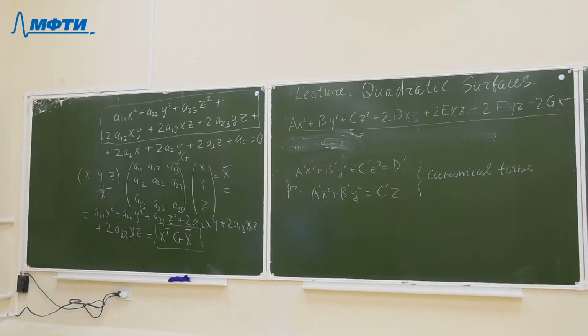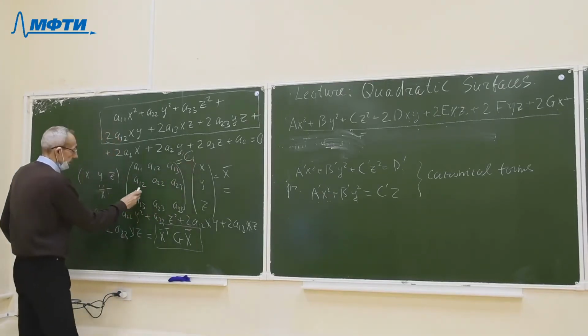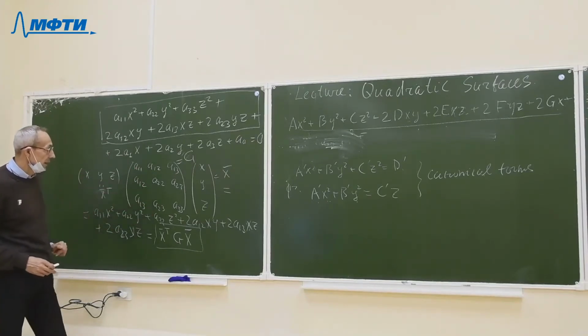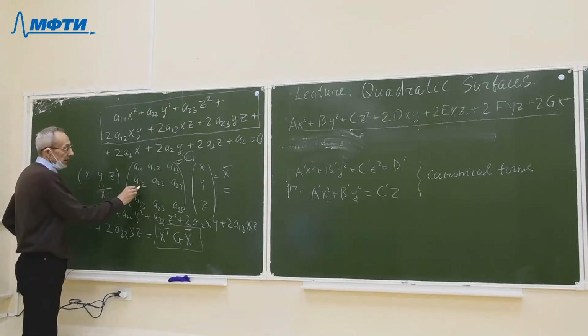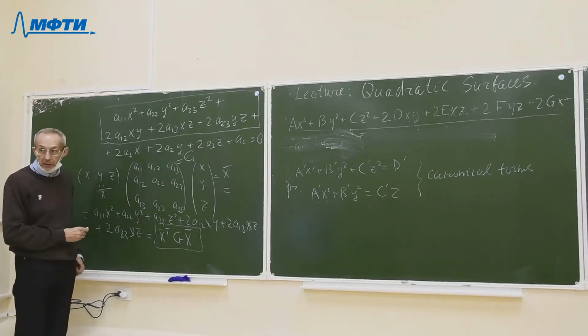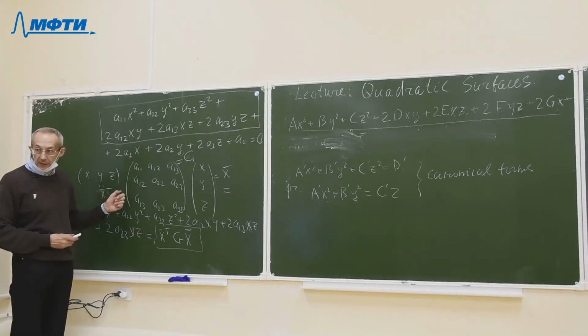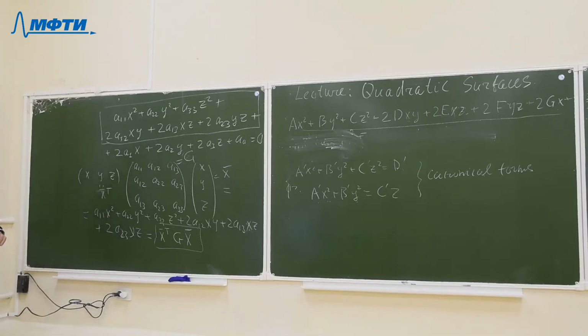In the middle matrix, you wrote A12, and it should be A21. Yes, we have a symmetric matrix, and this element and this are the same. I stress this fact using this notation, the symmetric matrix.